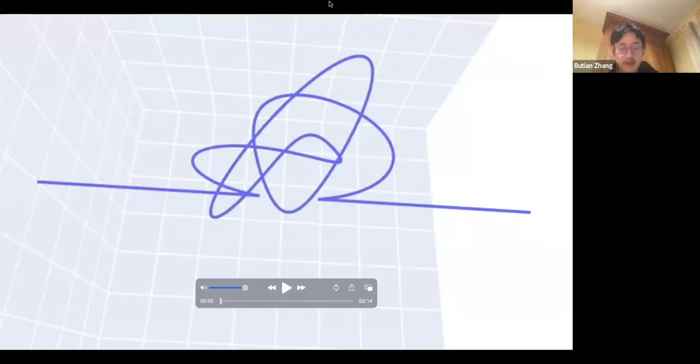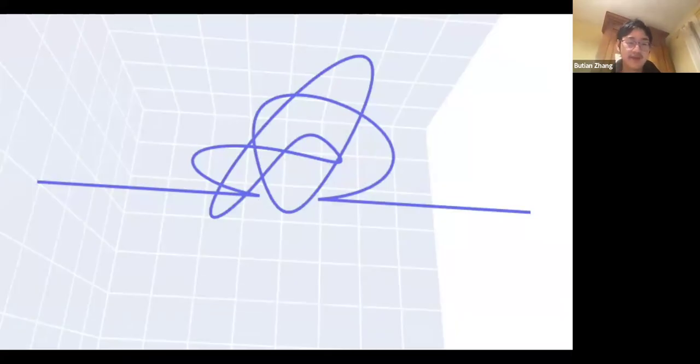Okay, so now in this video, we will see a knot which is actually the long knot version of 4-1, the figure 8 knot. Let's see what is an arc in the space of long knots.